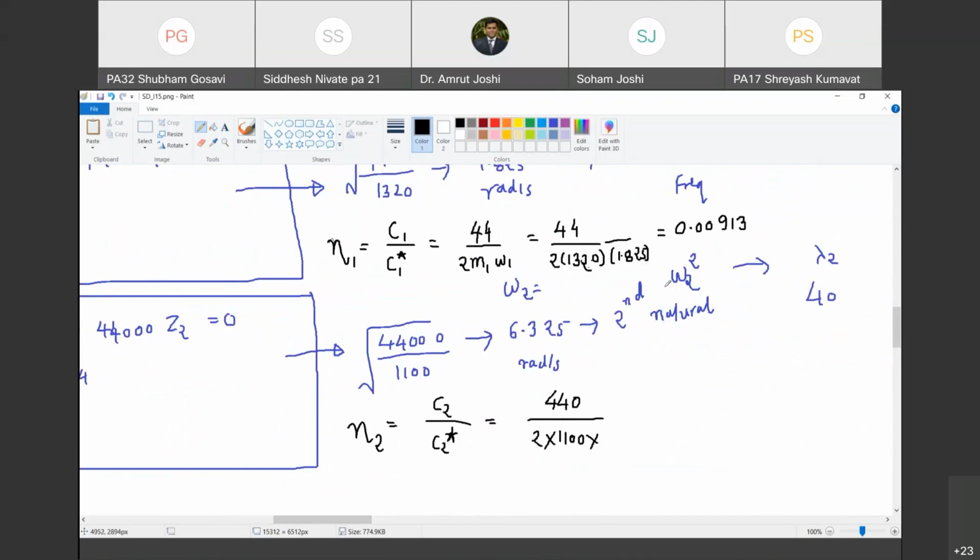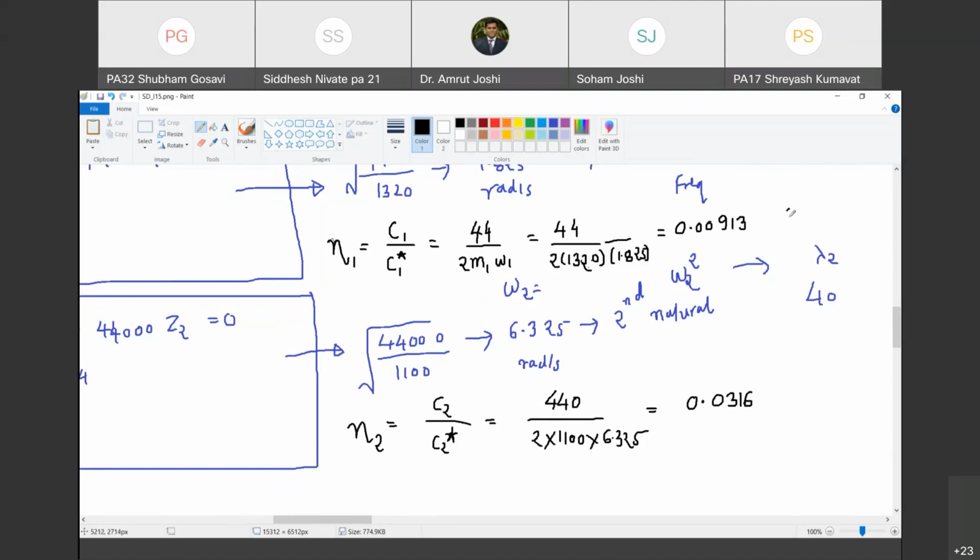Omega 2 was how much? 6.325. So can you tell me how much is this? It is going to be 440 divided by 2 divided by 1100 divided by 6.325. 0.0316. You agree with me?